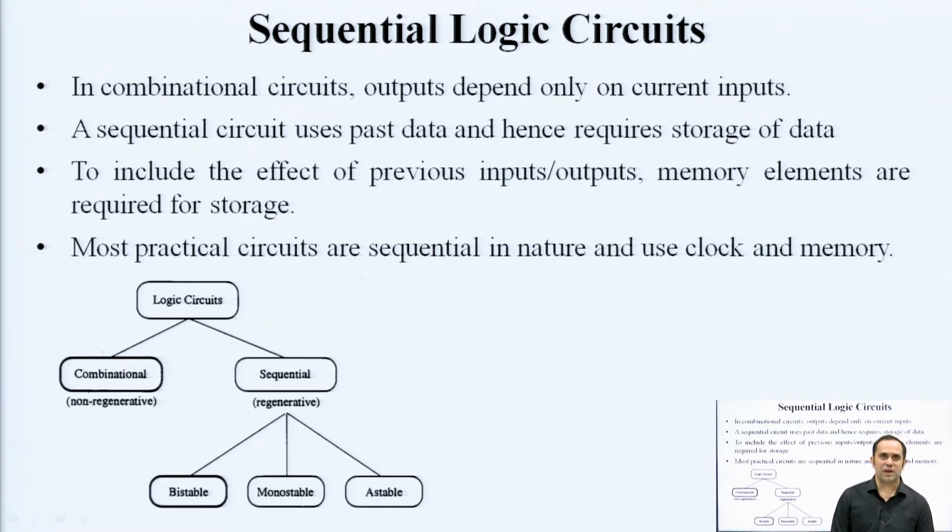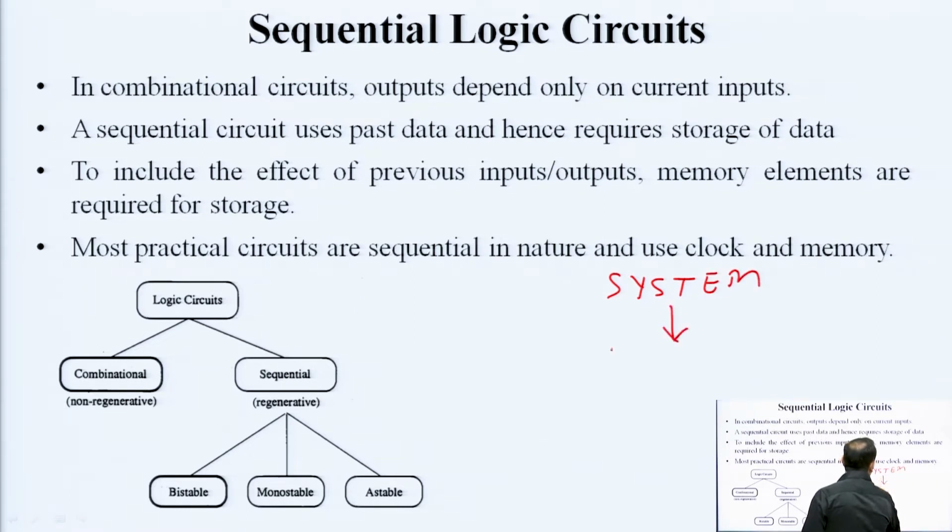So, if I try to draw this hierarchy, you can have a system at the top end. The system can consist of different modules. Modules have different gates, say logic gates.